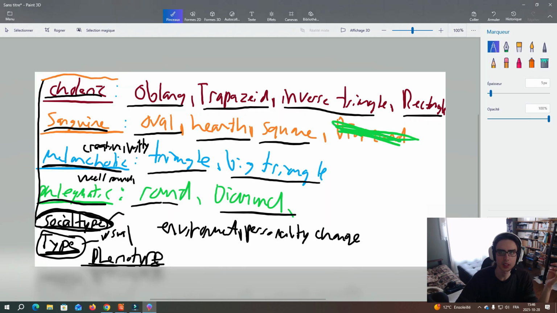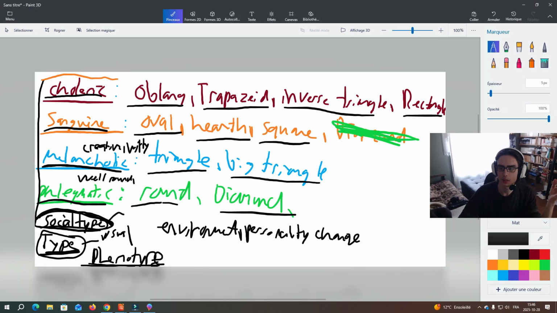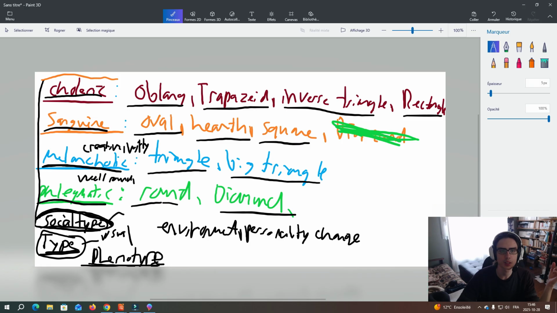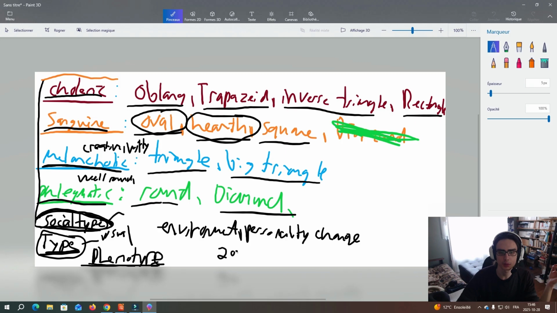Me, it seems that I have more art and oval, and sometime in my life I noticed that in 2021, 2022, I had heavily more triangle in my face. It was very weird.